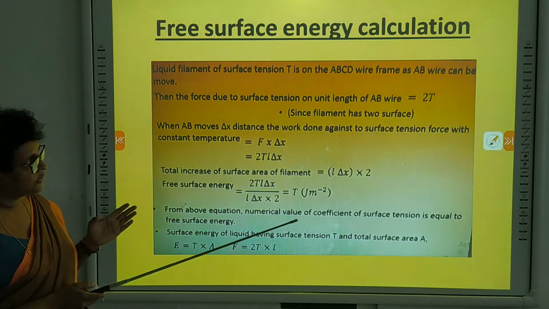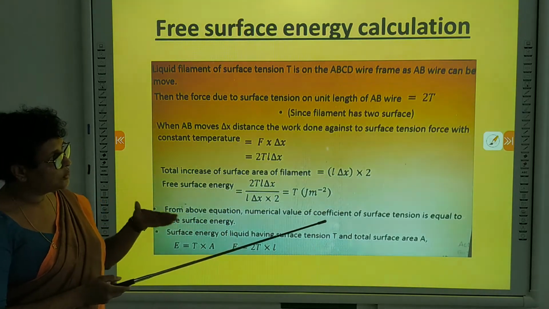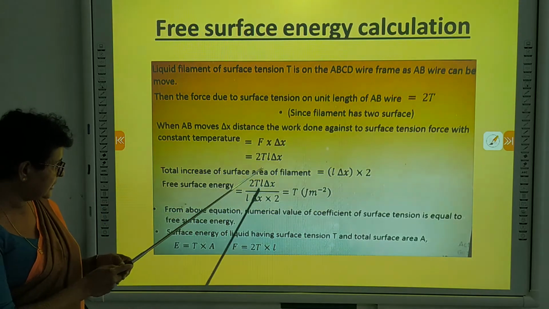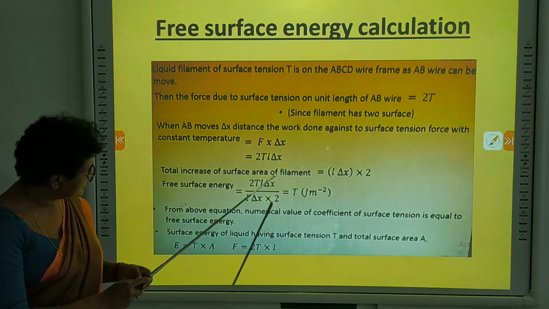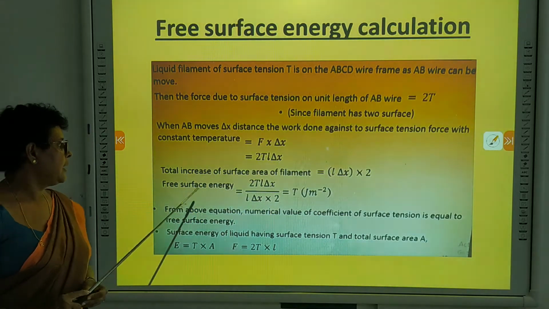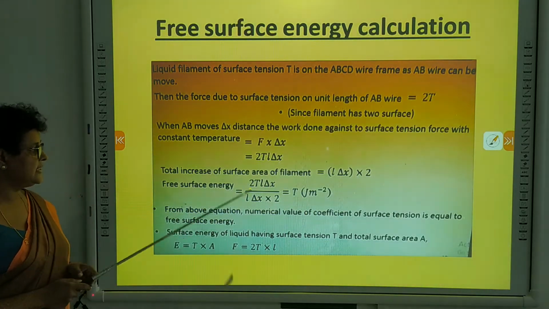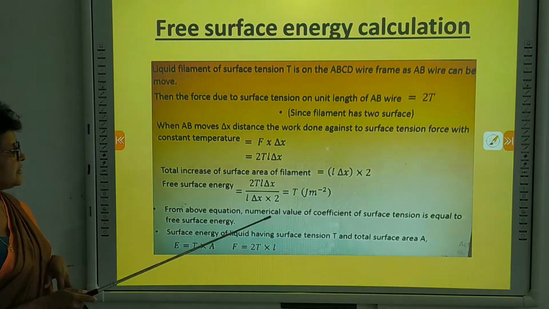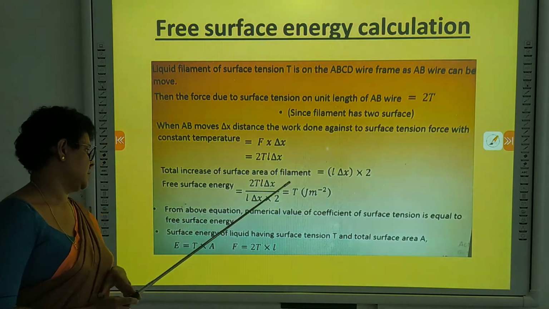Now I told you that the free surface energy is energy per unit area. So that the total surface energy you divide by the area like this. Then you will get energy equals T at constant temperature. This is how you prove at constant temperature free surface energy equals surface tension.